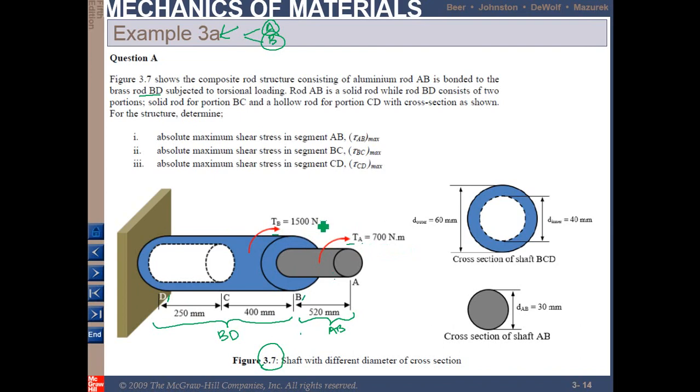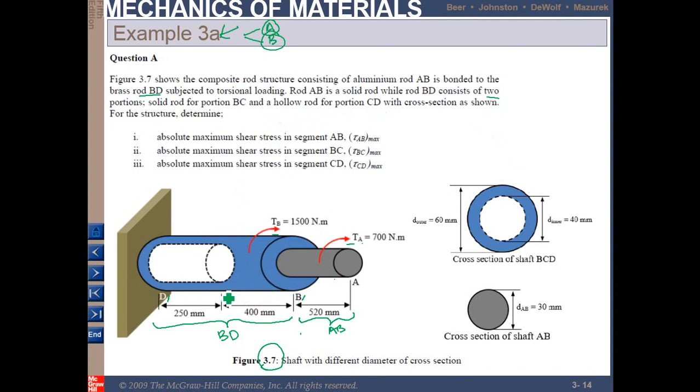Rod AB is a solid rod, while rod BD consists of two portions: a solid rod for portion BC, this is solid from B to C, and a hollow rod for portion CD.